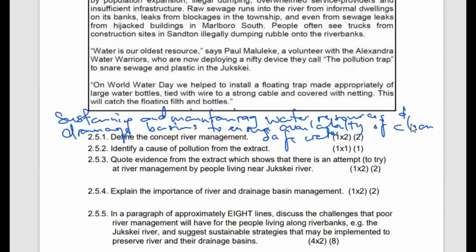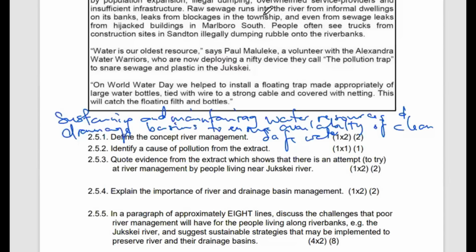Right, the next question says, identify a cause of pollution from the extract. Let's go to the extract. Pollution in the Jukskei River is multifaceted, a generational problem influenced by population expansion, illegal dumping, overwhelmed service providers, and insufficient infrastructure.